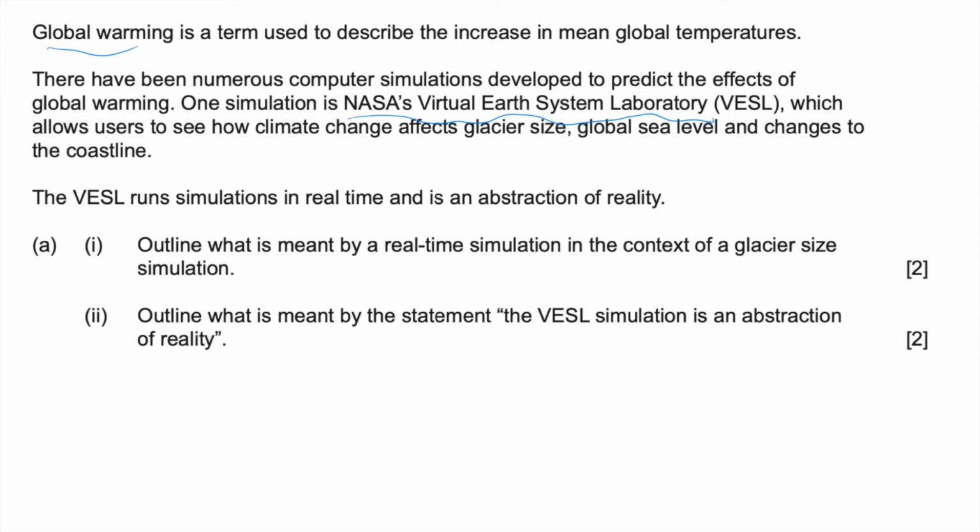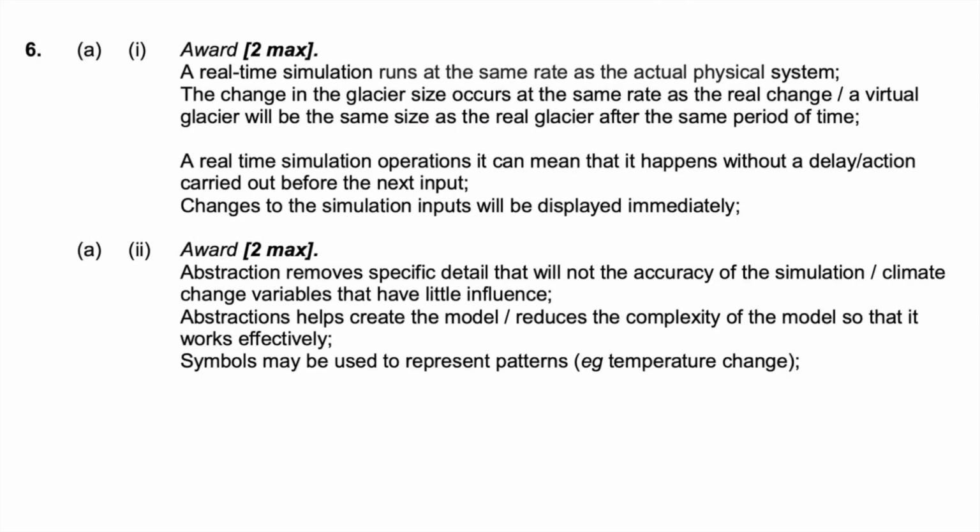So the first question is outline what is meant by real-time simulation in the context of a glacier size simulation. So we know that a real-time simulation runs at the same rate as the actual physical system, but in this particular simulation, the change in the glacier size occurs at the same rate as the real change.